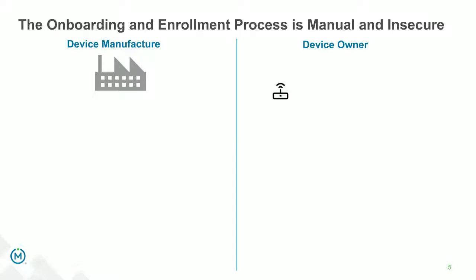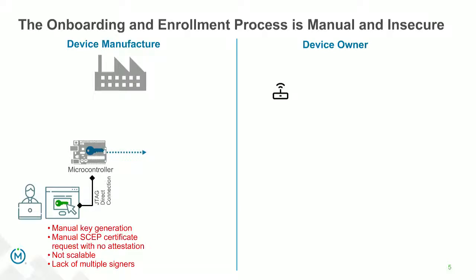So Srinivas, I want to hand it over to you and maybe just step us through some of the deficiencies in the way we think about this initial onboarding and enrollment of devices. What goes into it? It really starts from the supply chain, where the silicon gets onto the board at the OEM level.